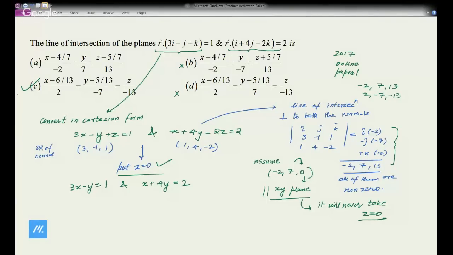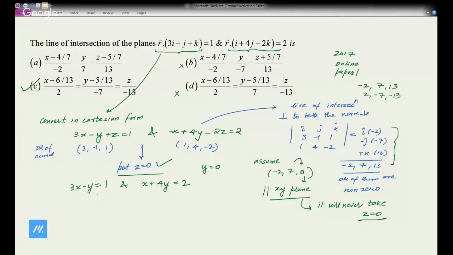Can we say that? People told me, okay, now interesting, people are saying A. Why guys A? Because you must have substituted y equal to 0. You are telling me A, have you substituted z equal to 0 or y equal to 0? Can you write this?